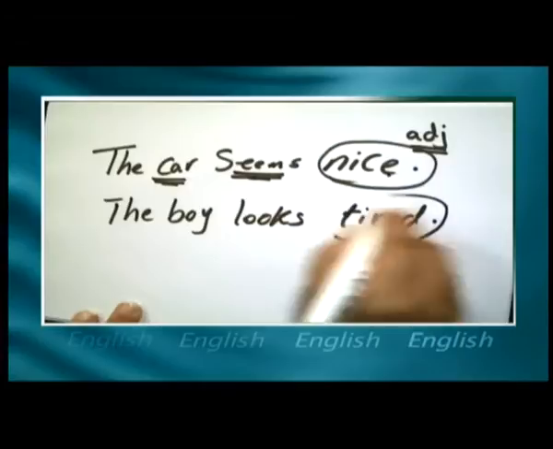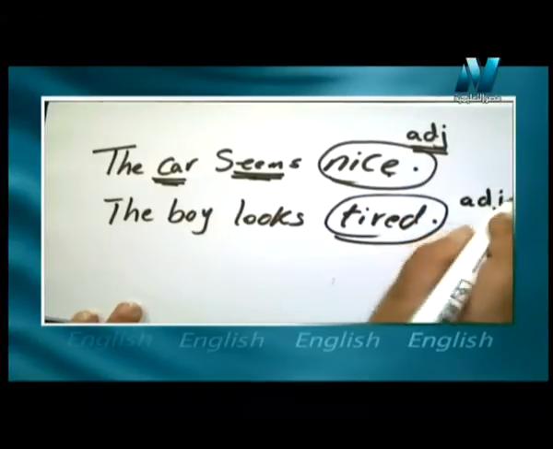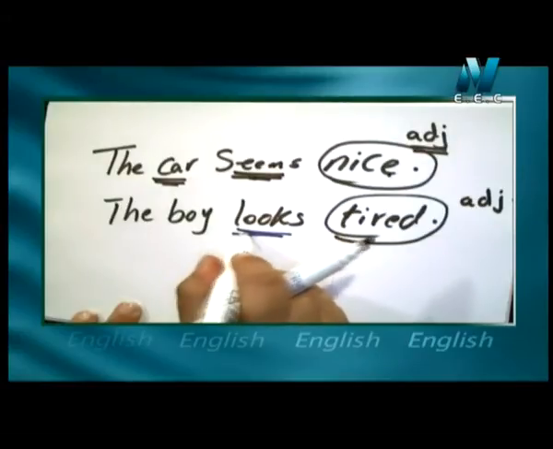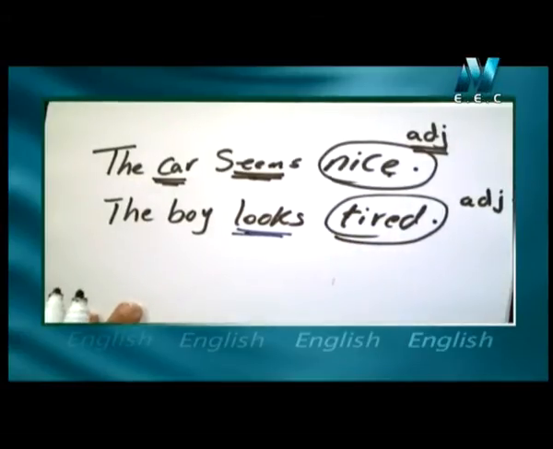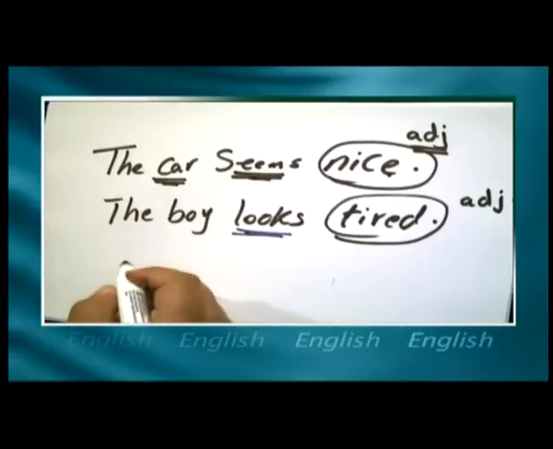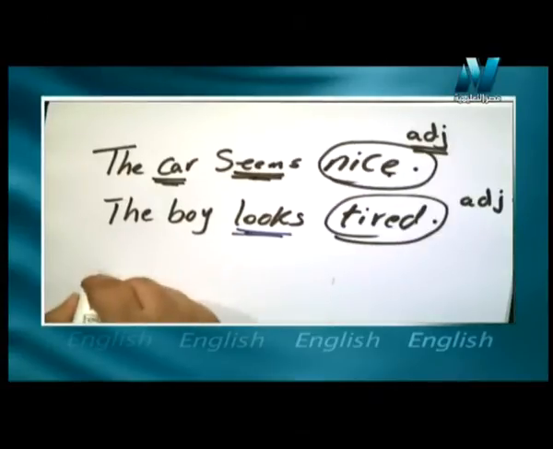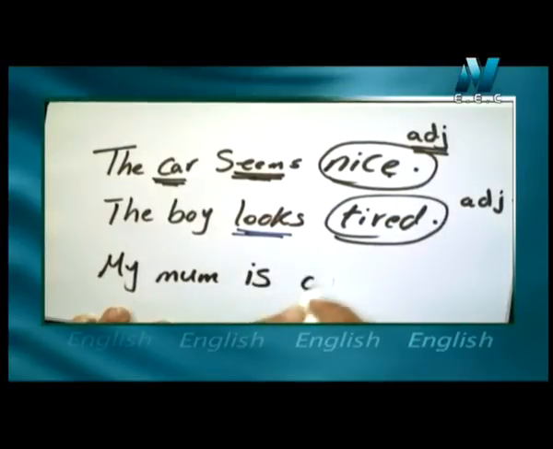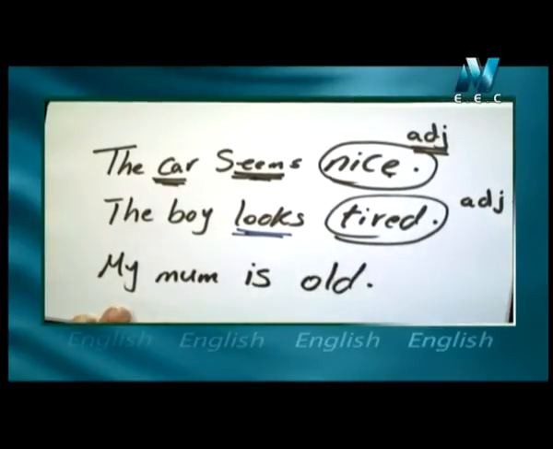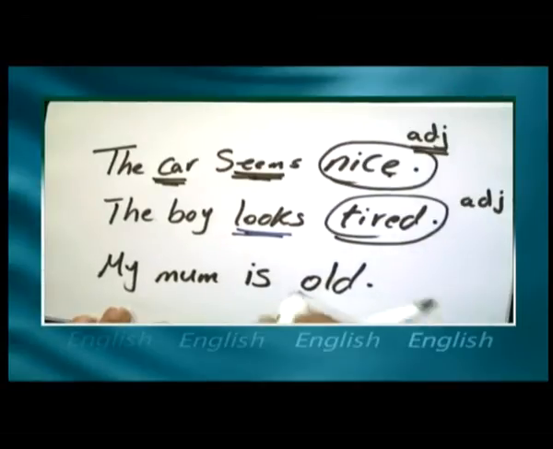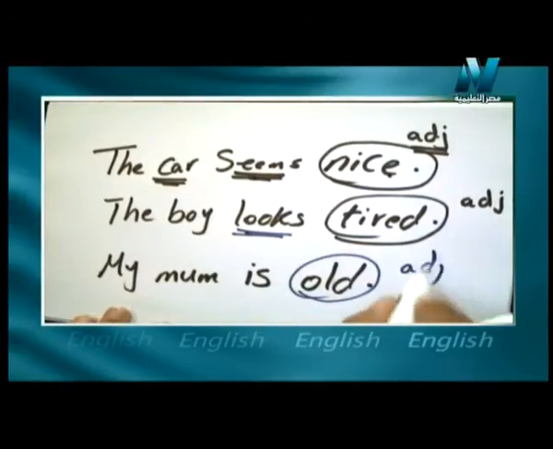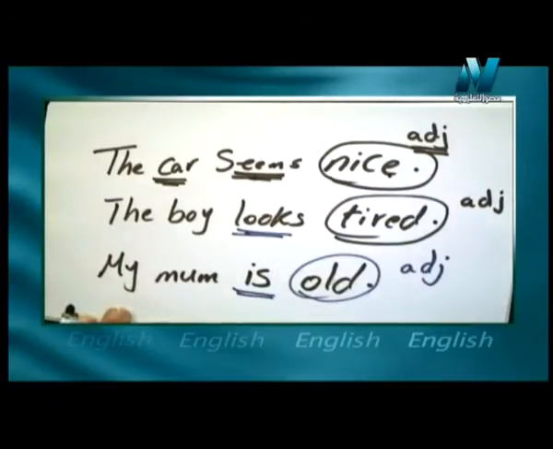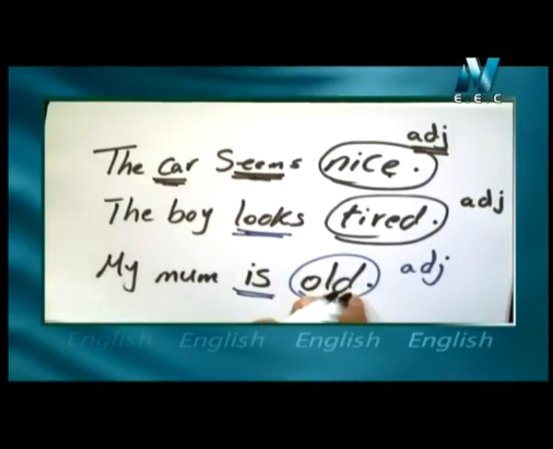Here, tired is the adjective. Also, the verb look, from the verbs I can use before the adjectives. Or I can use it after verb to be when I say my mom is old. So, old here is an adjective and we use this adjective after verb to be. Okay, this is the first case.